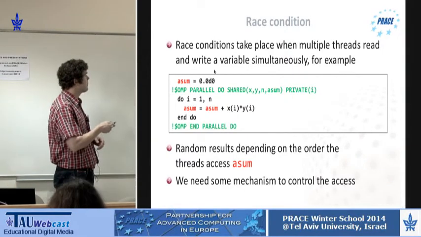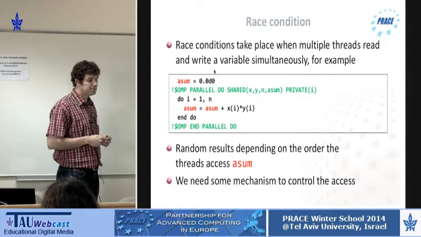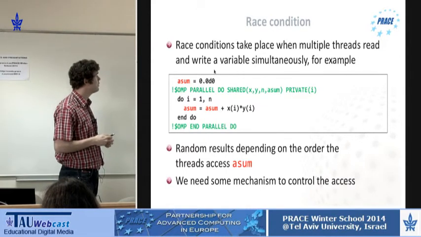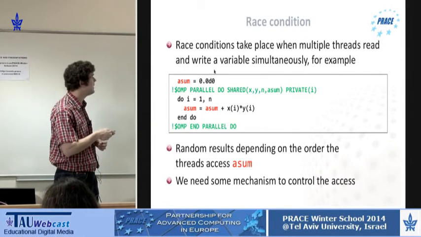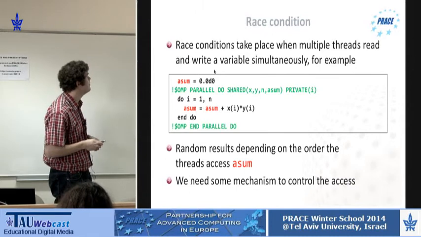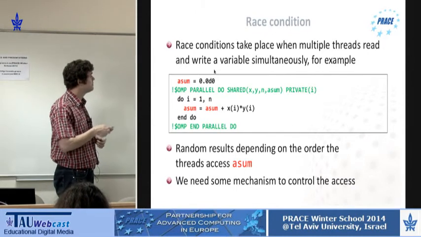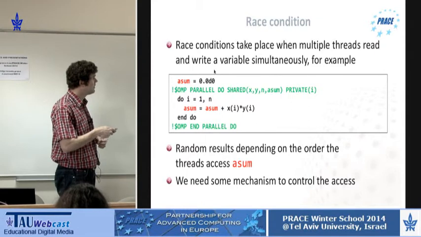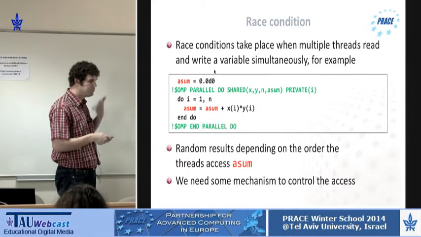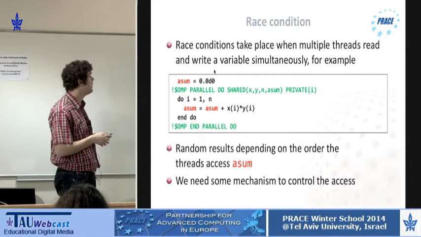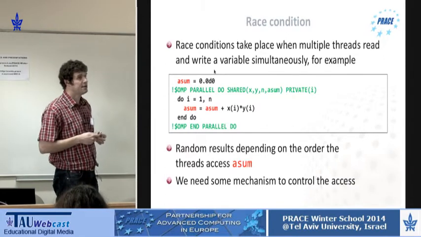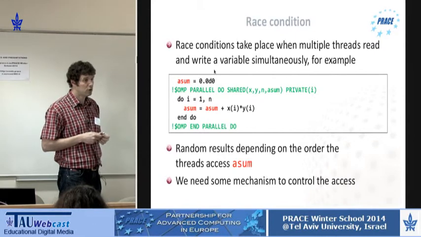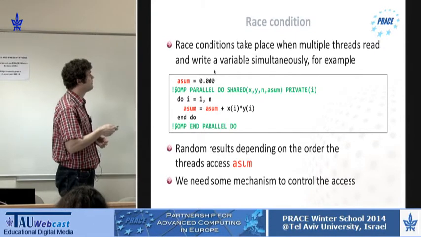Here would be a very simple parallel do loop in Fortran, which would be just a dot product of two vectors x and y. We launch some threads here and put the loop variable as private. It would be by default, but it's still good practice to write it down explicitly. We want each thread to be able to access the vectors, not necessarily all the elements, and also the loop index.